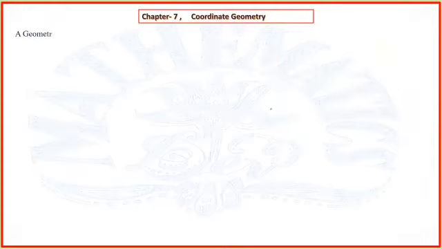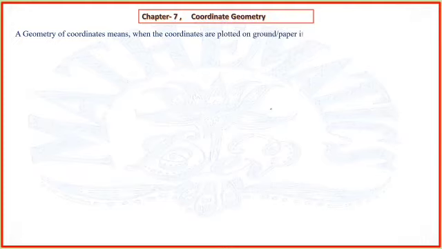So geometry of coordinates means when the coordinates are plotted on graph paper, its measurement from the coordinate axis, that is x or y axis, is called coordinate geometry.